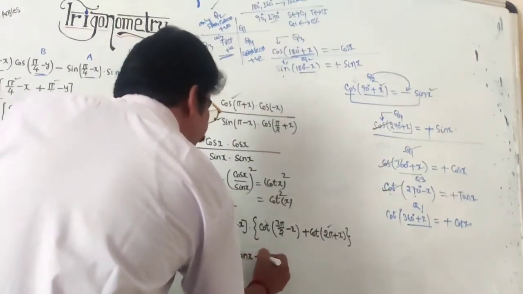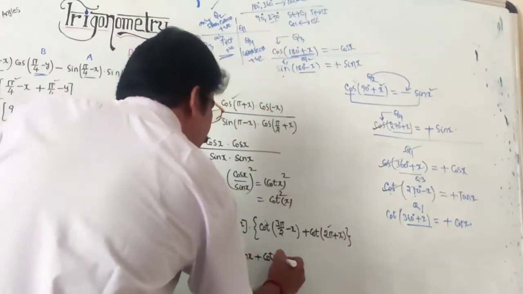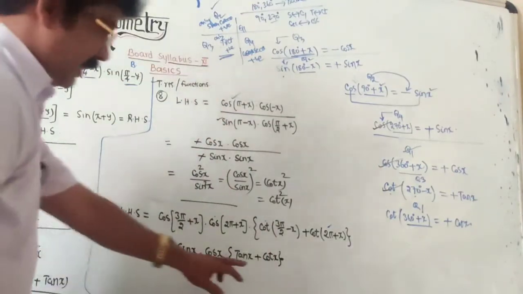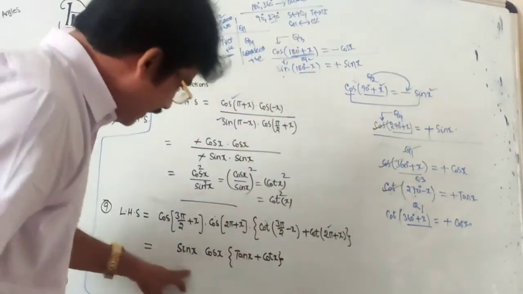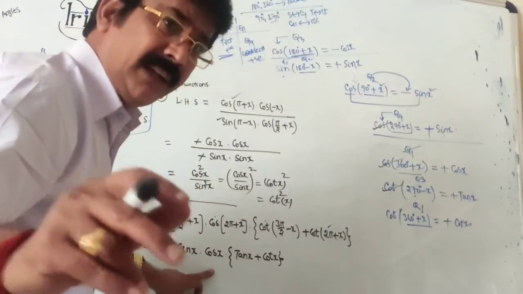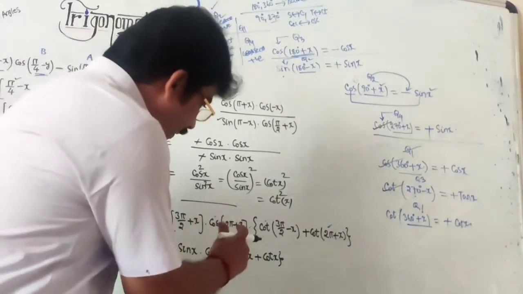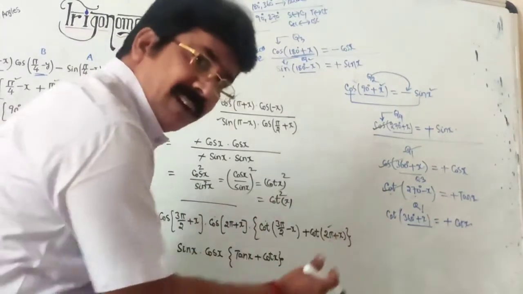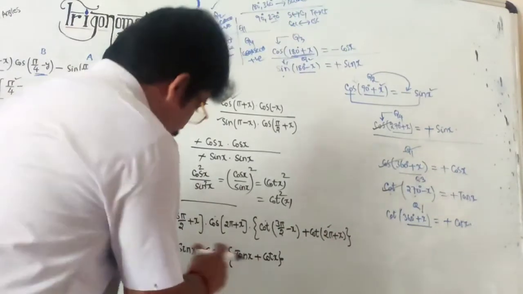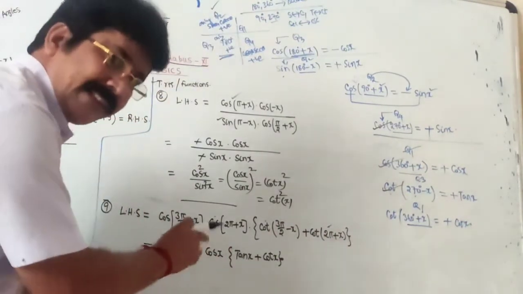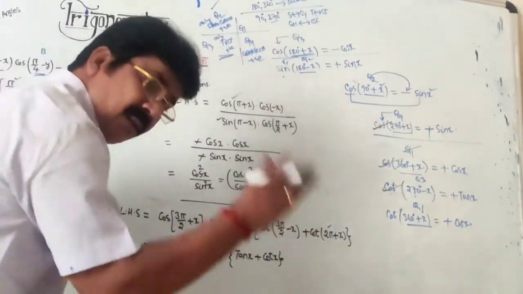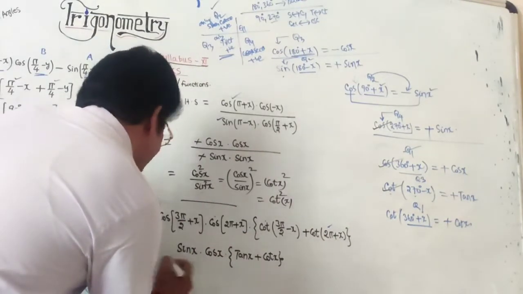So tan x plus cot x. Remember, this form is very important. It will be repeated in future, very often in other questions.